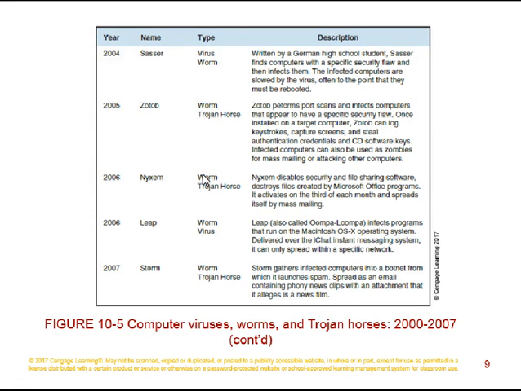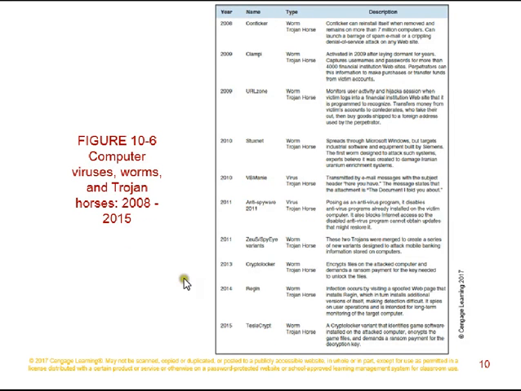And then coming down to the Storm, Trojan Horse, Leap, Zotob, and Sasser viruses also. And then we see some of the more current ones, Stuxnet, and CryptoLocker, TeslaCrypt.